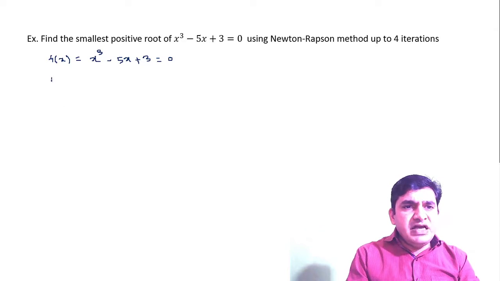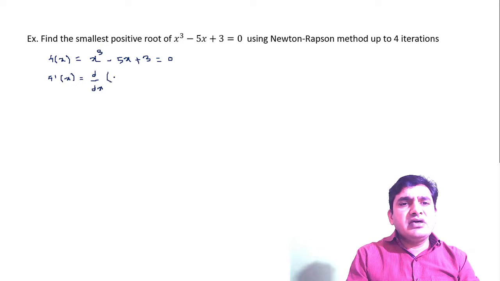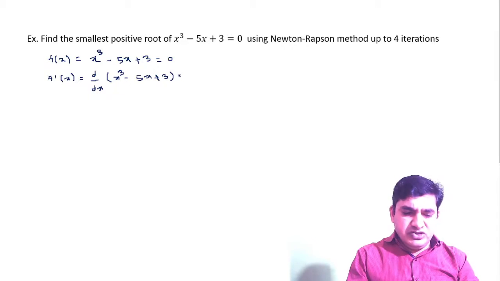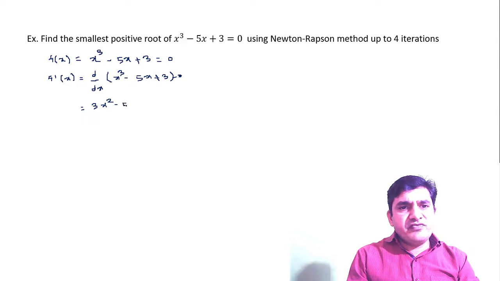Now f dash of x is equal to d by dx of x cube minus 5x plus 3, and this is 3x square minus 5.